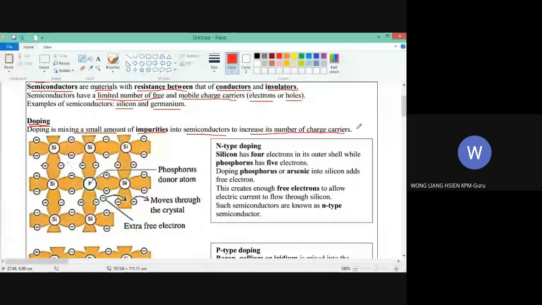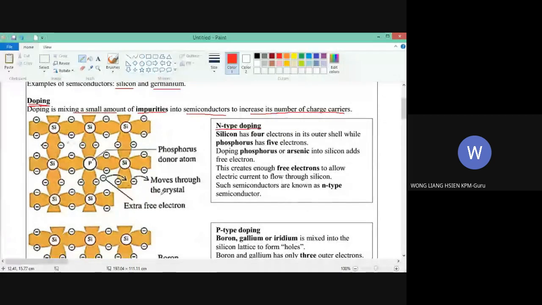So how do we increase the number of free electrons? There are two ways that we can do that. The first, we call it N-type doping. So what is N-type doping? The semiconductor has limited charge carriers right now, so we want to increase the number of free electrons.